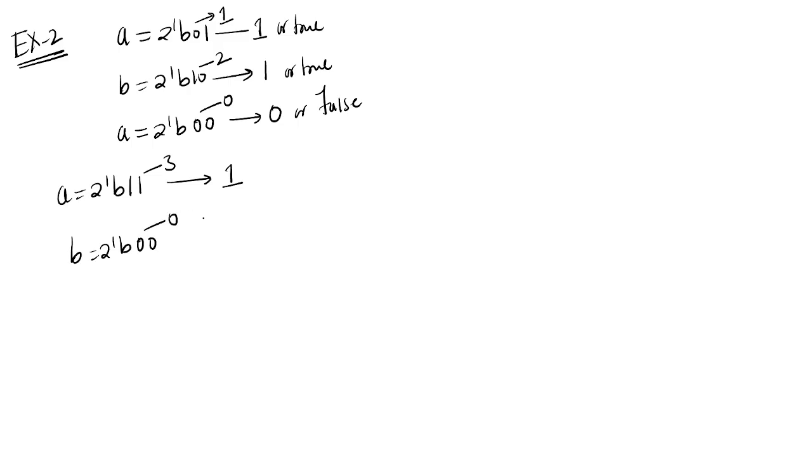This is decimal 0, so it will take the total value as 0. If you consider x equal to a logical AND of b, that means x equal to 1 logical AND of 0, and you get the result as 0. Like this you need to analyze. Let us take example 3.